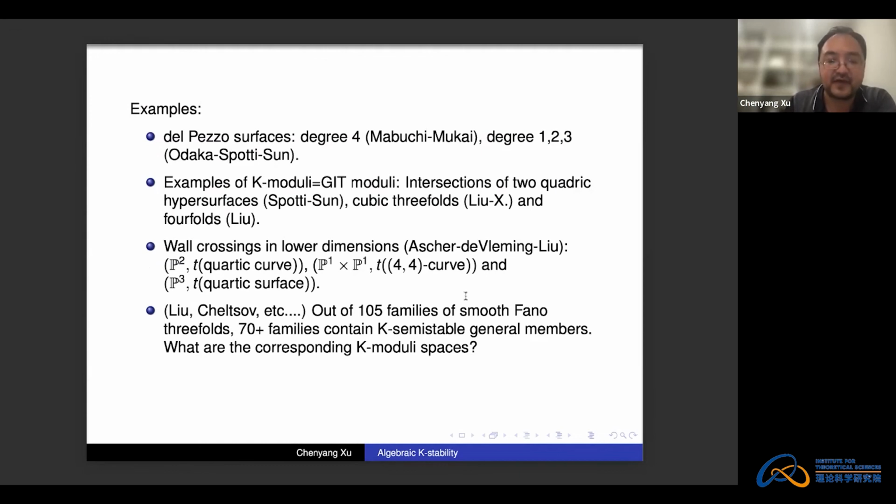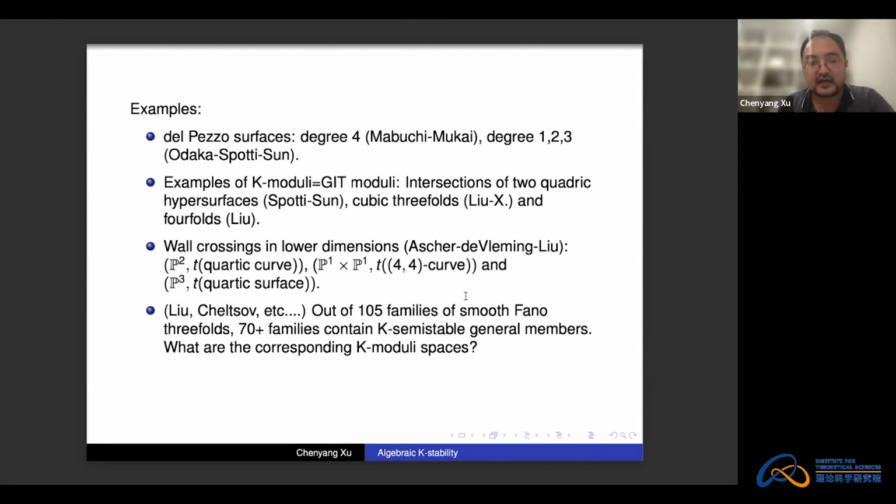Then I want to talk a little bit about examples of what the final moduli look like. For the del Pezzo surface, Mabuchi-Mukai first showed that for degree 4, the del Pezzo surface is the intersection of two quadrics in P4, and that the GIT moduli is the same as the K-moduli. For degrees 1, 2, 3, the smooth part, by Tian's theorem, we know they all have a Kähler-Einstein metric.